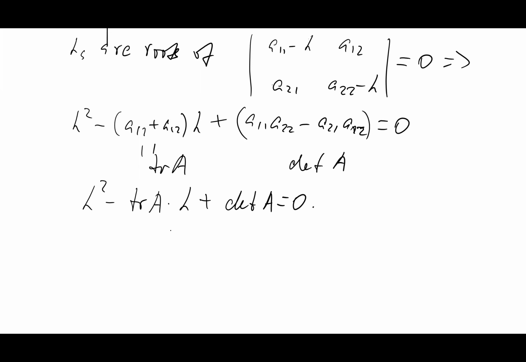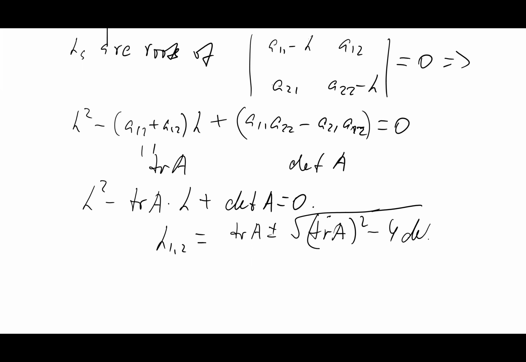And lambda 1, 2, according to the formula for roots of a quadratic equation, will be trace A plus minus square root of trace A squared minus 4 determinant A, divided by 2.